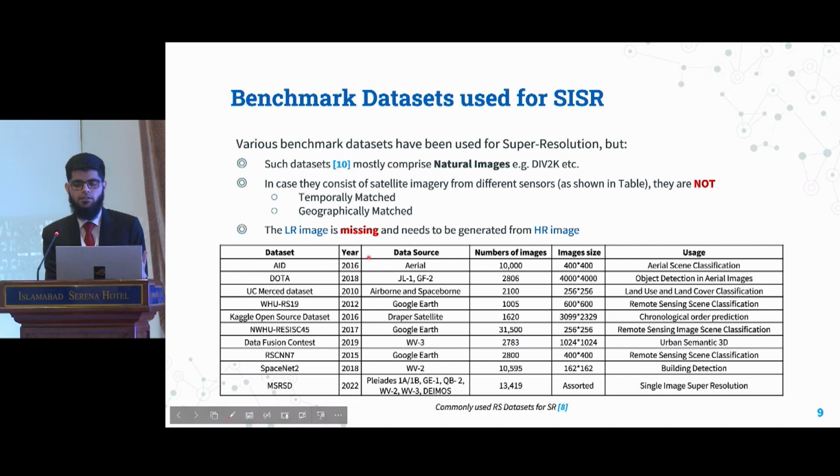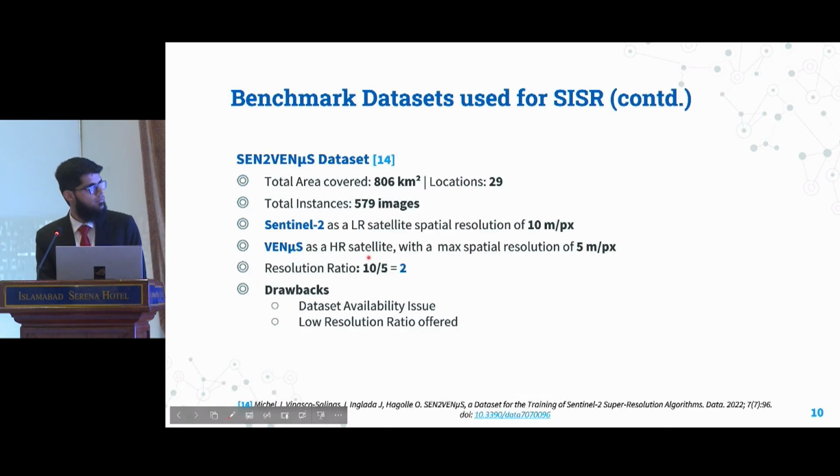And even the datasets which I mentioned in the table, which involve satellite imagery, are either not temporally matched or geographically matched. So again, it means that the low resolution image is missing, and it needs to be generated from the high resolution image. There was a dataset recently published, SEN2VENμS.